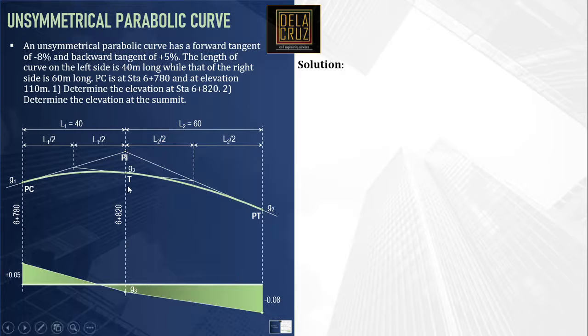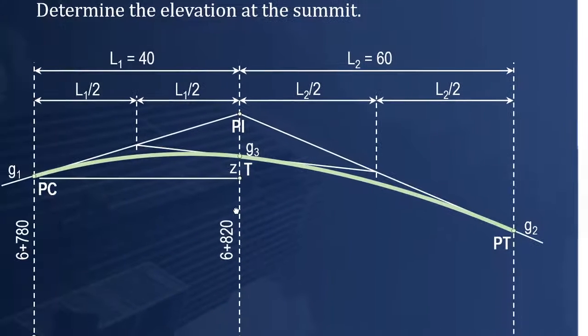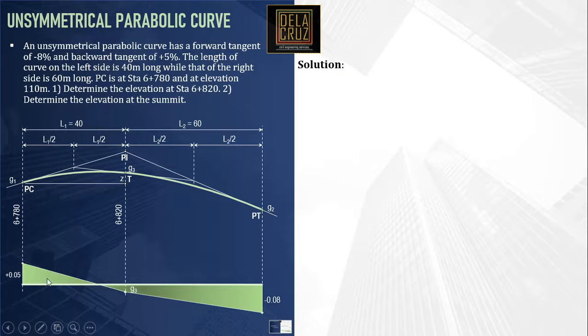To calculate the elevation at T, since we have the elevation of PC, we need to calculate their difference in elevation. Let me call this Z, the difference of elevation of T and PC. Z is just equal to the area on the grade diagram under these two points.